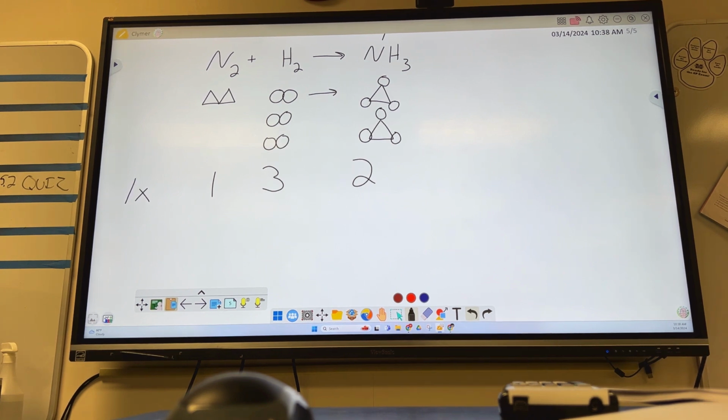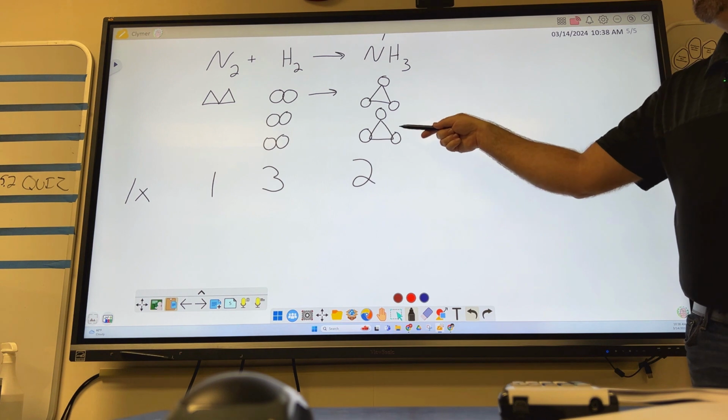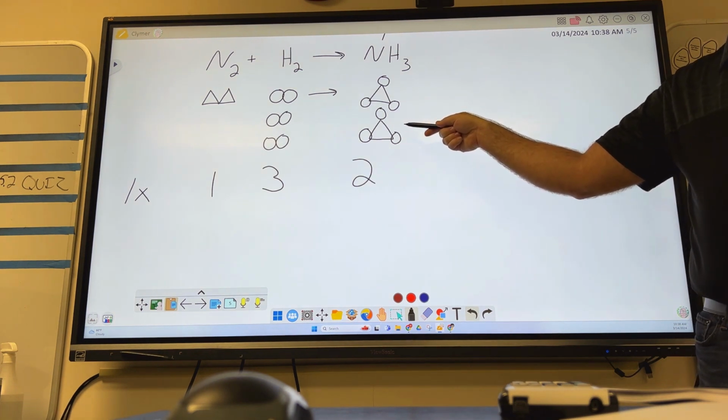If we only have 2 hydrogen molecules, can we make this reaction happen? No, why not? What's that? Not even. We don't have enough. If we only had 2 hydrogen molecules, we could make one of these, but then this one would be incomplete, right?